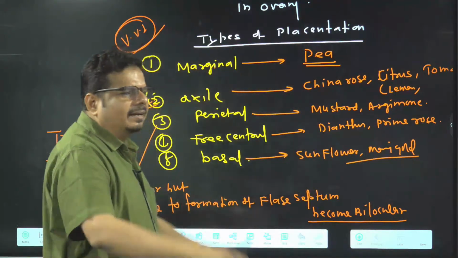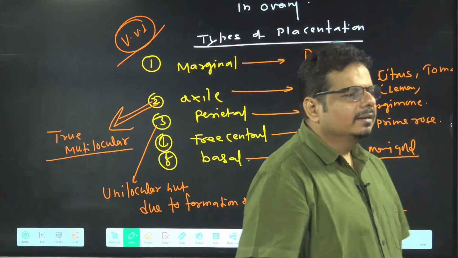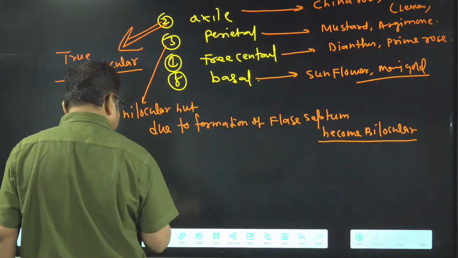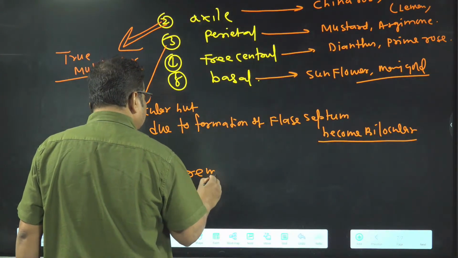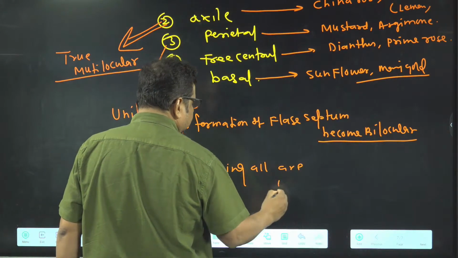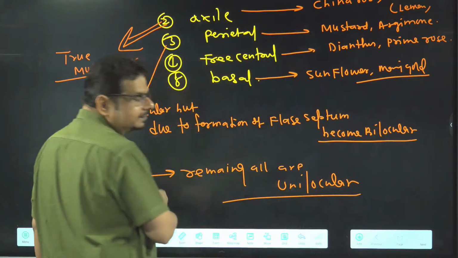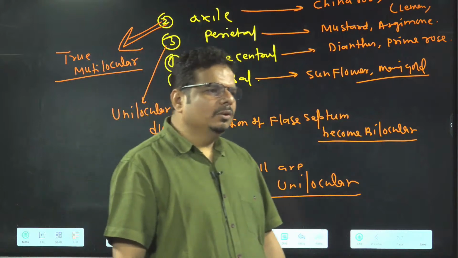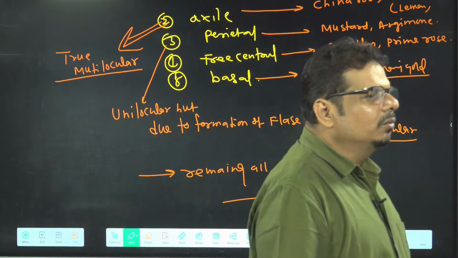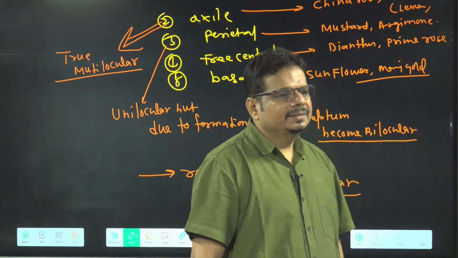Parietal. And remaining all are unilocular. So who is unilocular, who is false bilocular, and who is multilocular in the true sense? You got the idea? Is it clear in the mind?